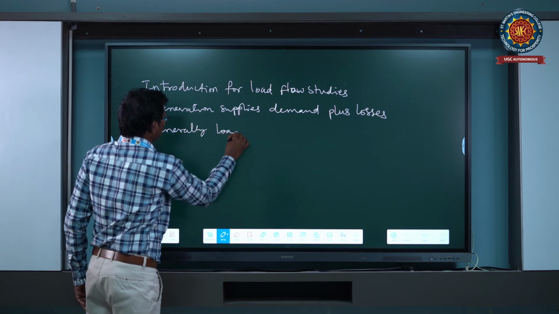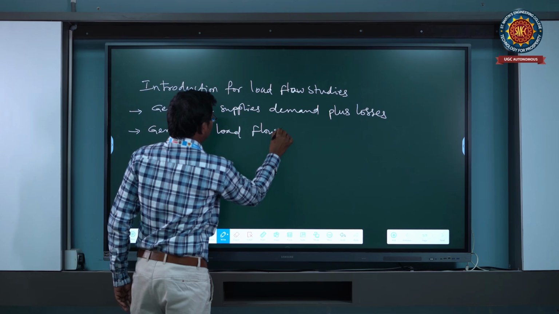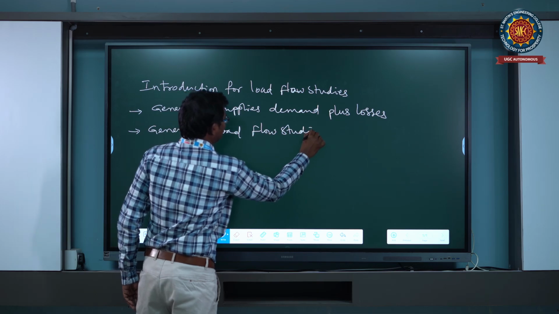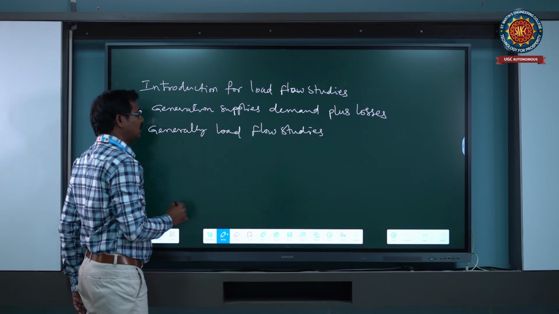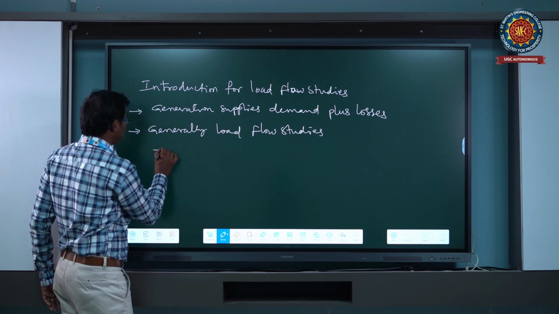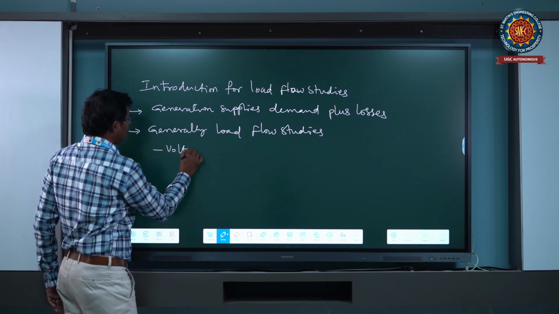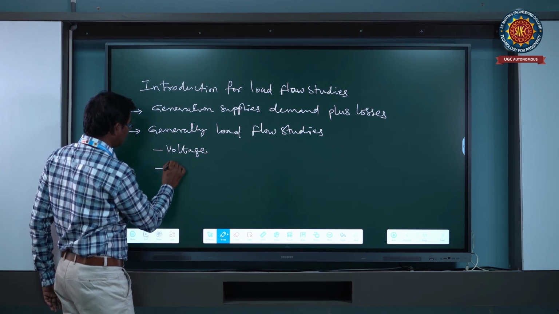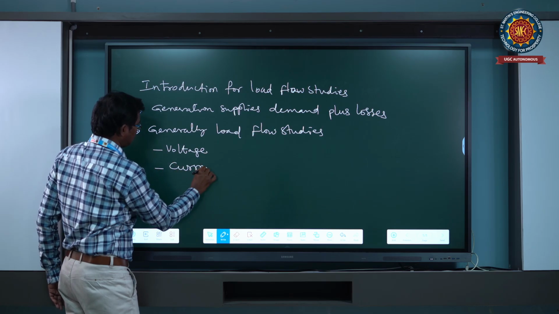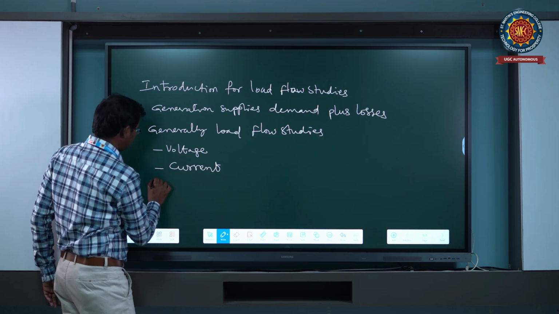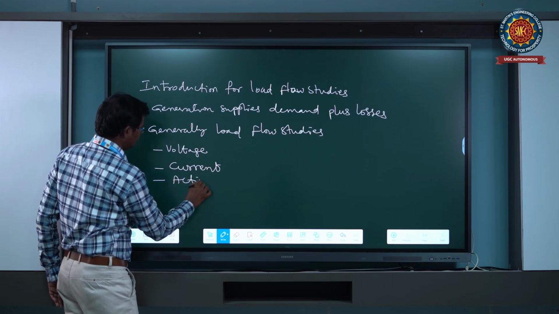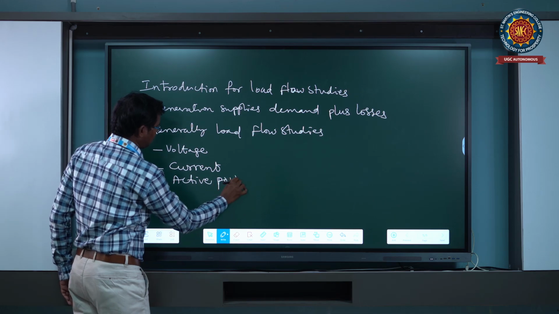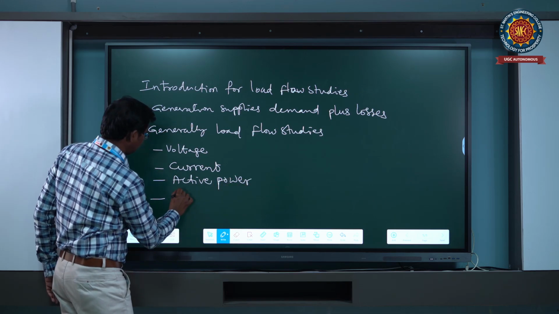The second one is that load flow studies generally comprise voltage. We can determine the voltage and also current, and also active power and also reactive power.